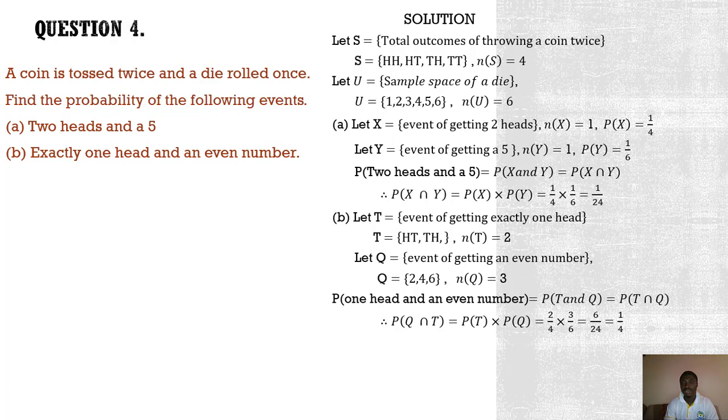And this will give us 6 over 24. And when you simplify, you get 1 over 4. I hope this one is also clear.